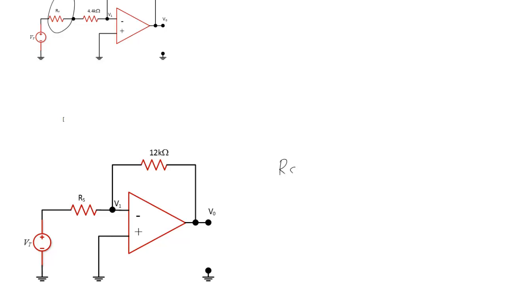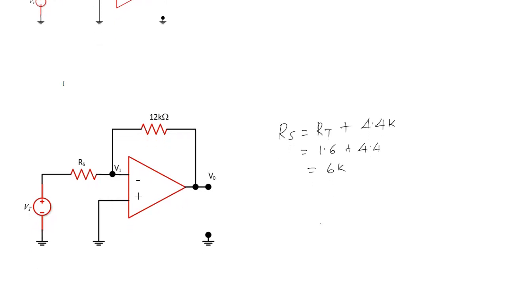So this R sub s is going to be R sub t plus 4.4k, but R sub t is 1.6 plus 4.4, which is equal to 6k. So this is essentially a 6k.